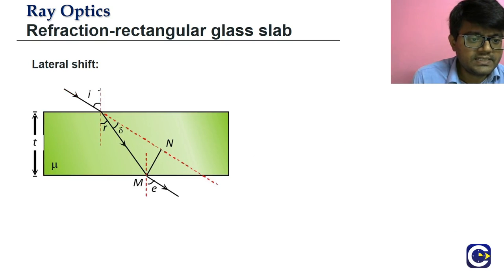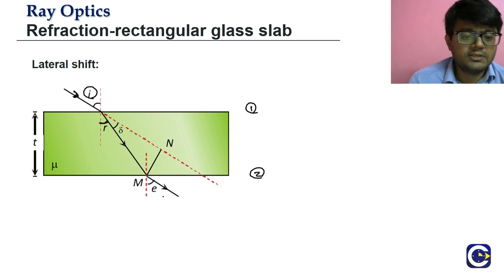So we'll see how to measure this lateral shift value. Look at this. We have the incident angle I, and the angle inside the glass is R. The first refraction happens here, and the second refraction happens at the second boundary.